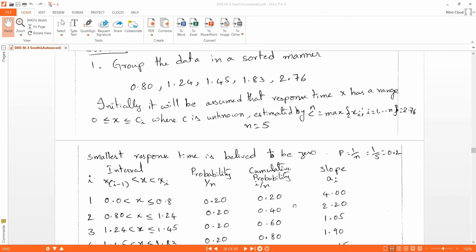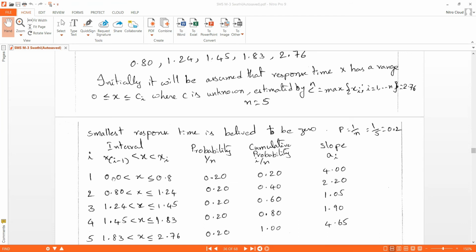These x_i values we can write like this: 0.0 < x < 0.80. This is one interval. The next interval will start from 0.80 < x < 1.24.